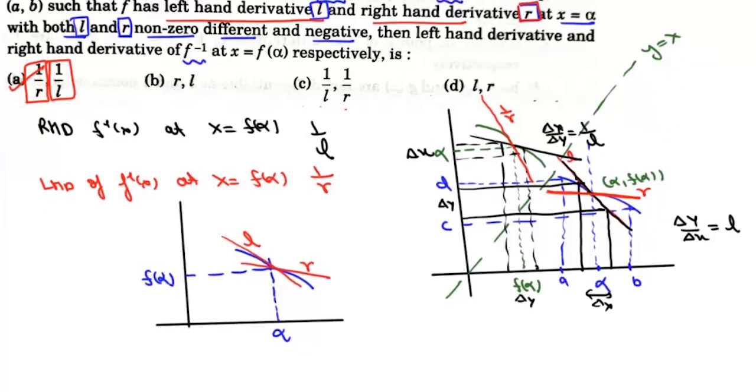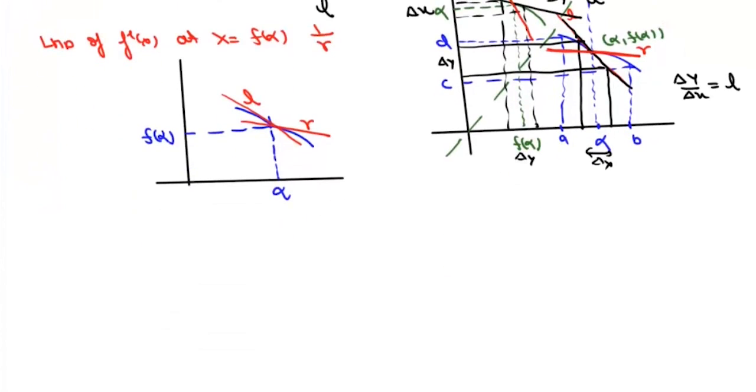Now for this function, we clearly know that it is a decreasing function, which means f(alpha minus h) is greater than f(alpha) and will be greater than f(alpha plus h).